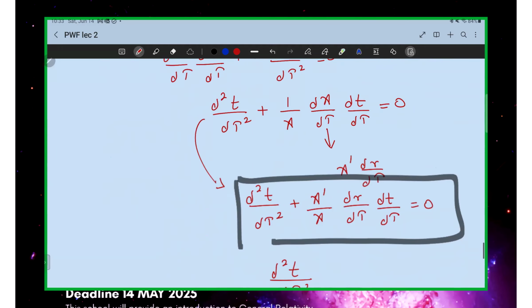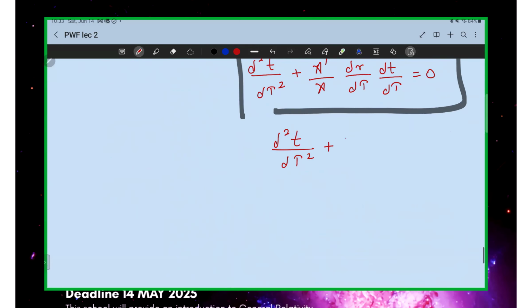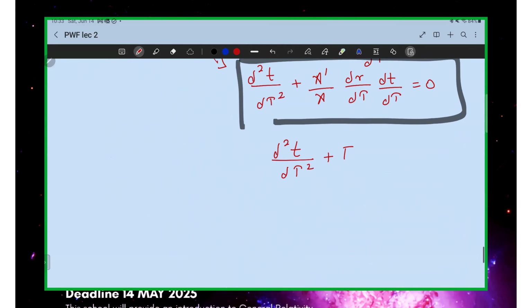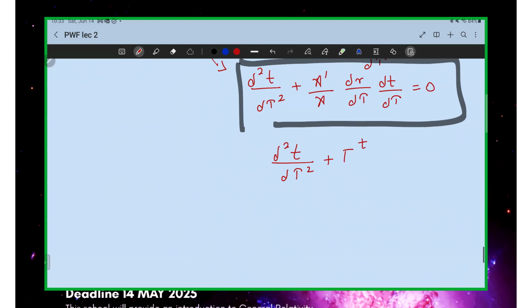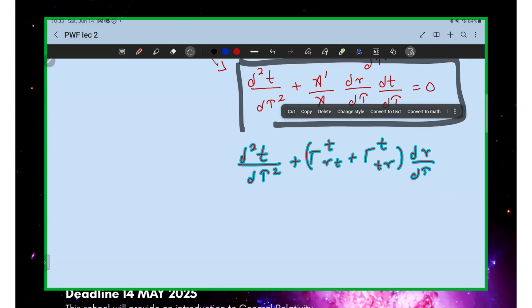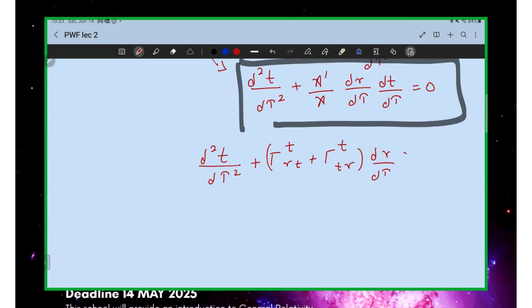Okay, that makes x mu equal to time. It is telling you that the only term that can come here is the derivative of r and the derivative of time. It means that you could have got that term from these two Christoffel symbols only. But you know that these are equal because there's a symmetry in the lower indices.